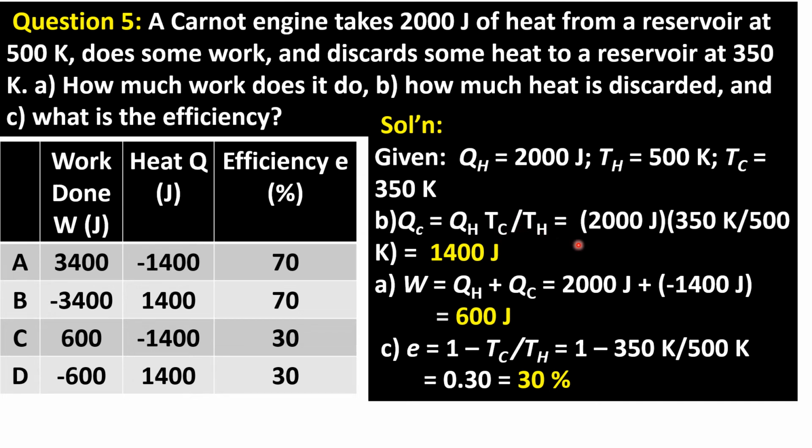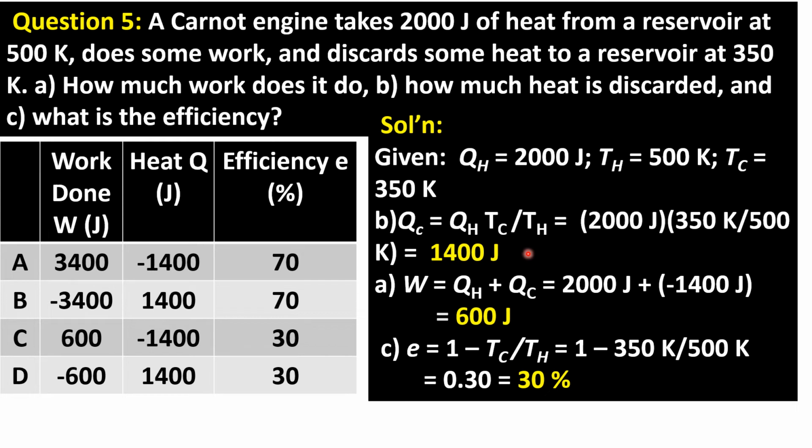And substituting, to find QC, we have 2000 joules as the amount of the input heat, multiplied by the cold temperature 350 Kelvin over the hot temperature 500 Kelvin. So we get the value for QC equal to 1400 joules.